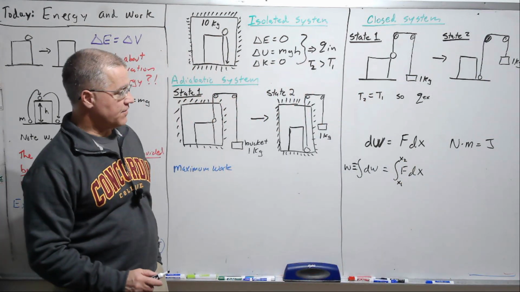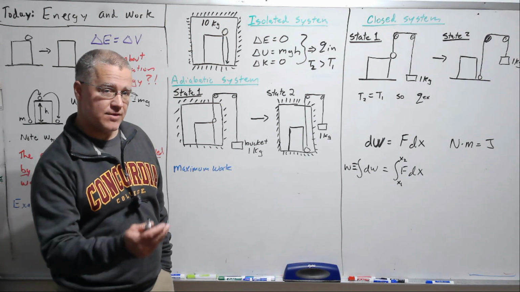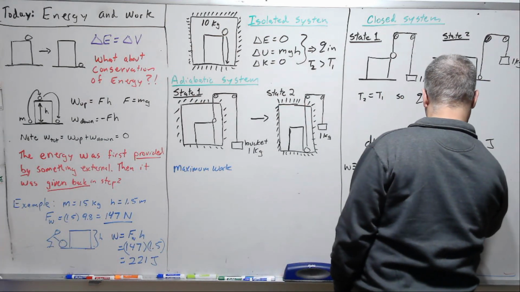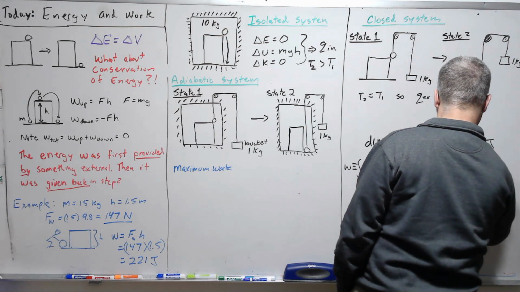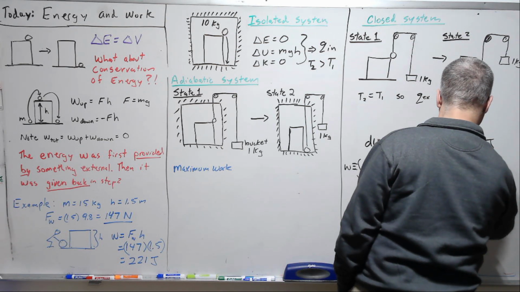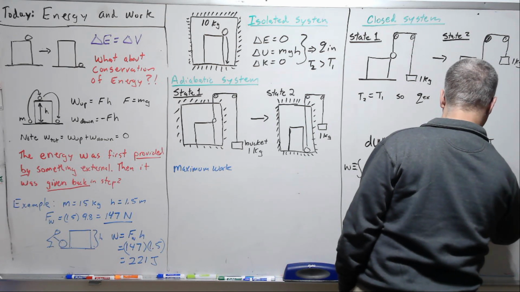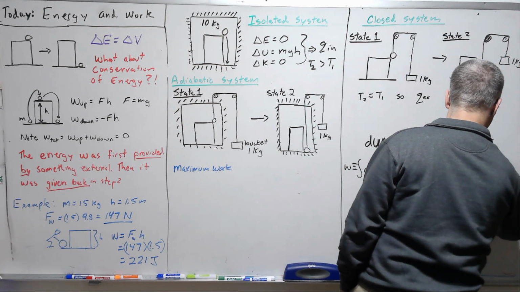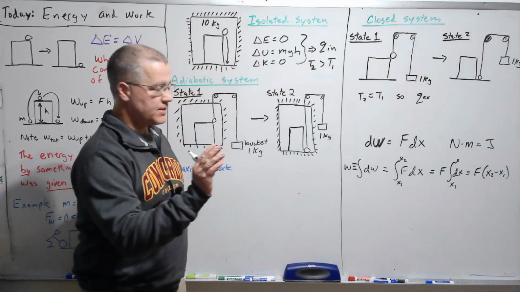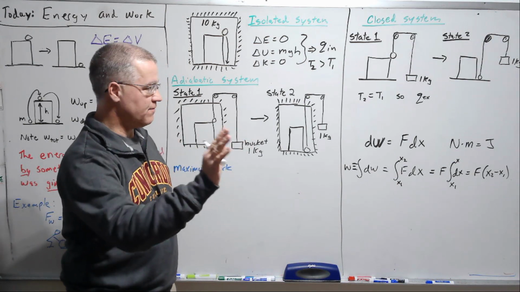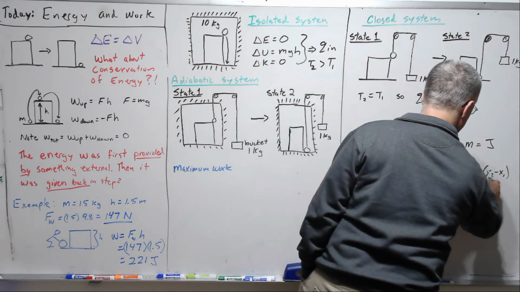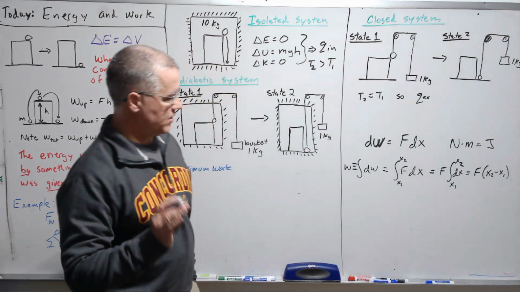Okay. Now, if the force is constant, we can pull that out of that integral, and I'll do just a little bit of calculus here. And we see that the work is the force times the distance we've moved from start to finish, because this is the final spot, and this is where we started. We started at x1, moved to x2.